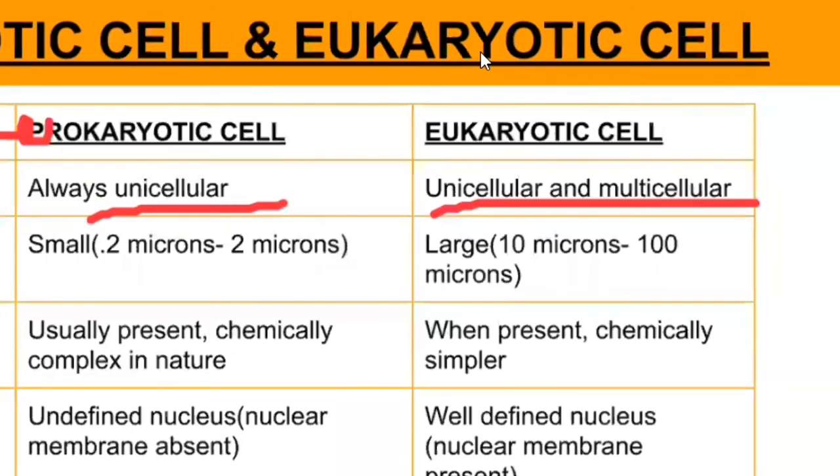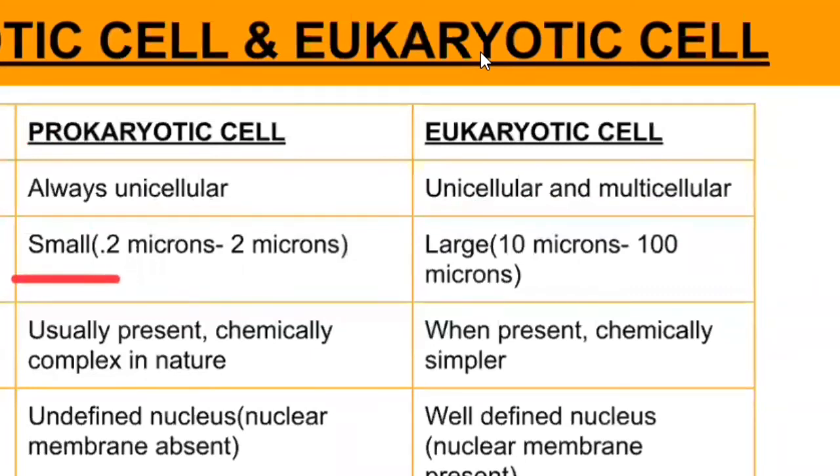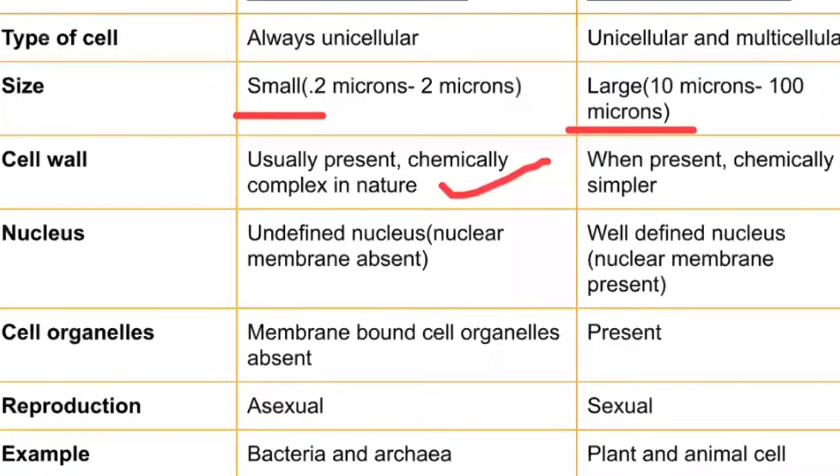Prokaryotic cells, they are not very well developed, but the eukaryotic cells are well developed cells. Small size, large size. Cell wall is usually present in the prokaryotic cell, but it is not present in eukaryotic cell, or if it is present, then it is chemically simpler.